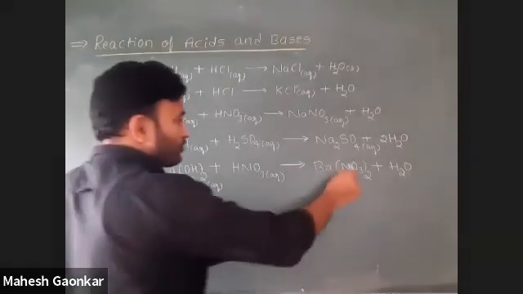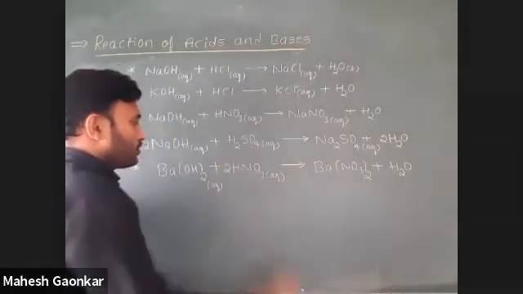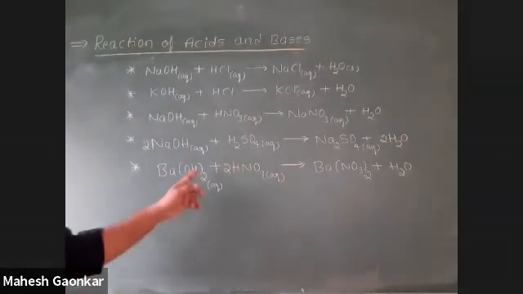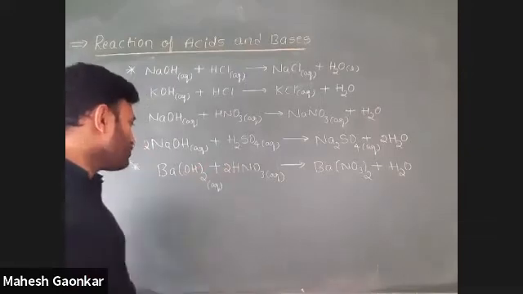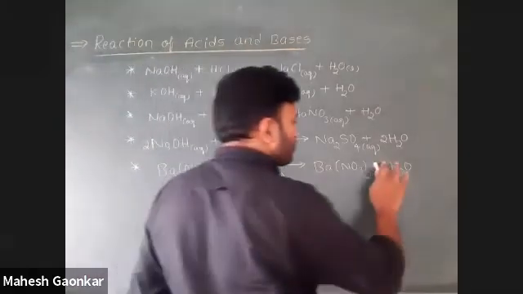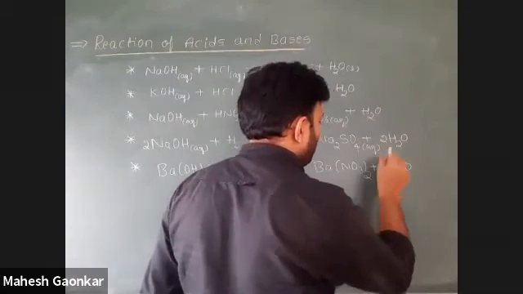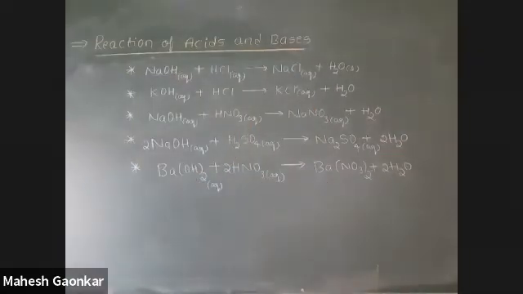Since it is NO3 twice, there is 2 HNO3. Correct? Then 2H, 2H, 4H, 2 oxygen atoms, so it should be 2H2O. Yes or no?